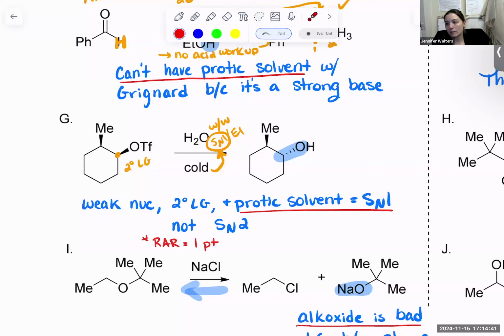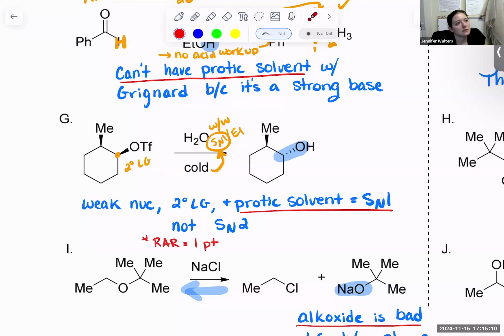If you had talked about the fact that you needed hydroxide instead of water, then that was only 1 point, because if you're trying to get to the strong nucleophile, you start to have issues of elimination getting in there, and that's not our best solution, or not the primary error.